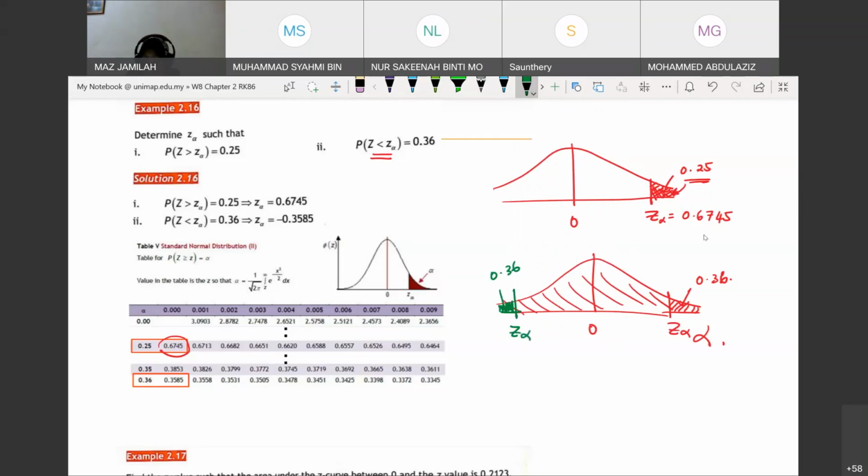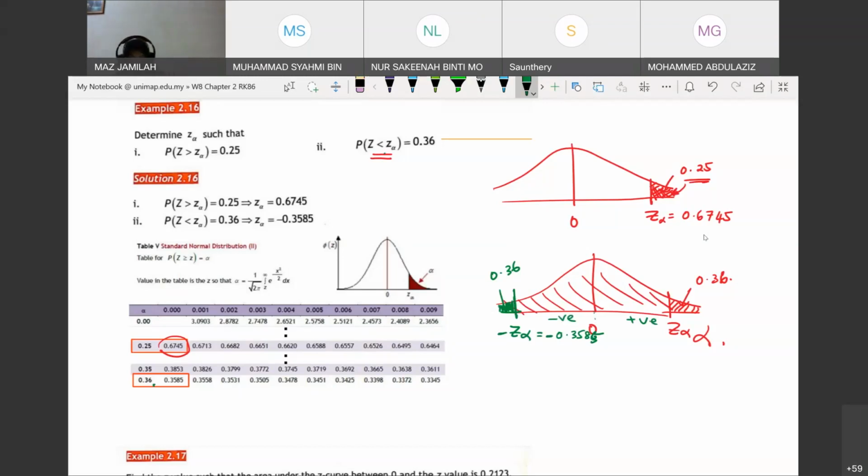For 0.36, we know that the z alpha is 0.3585. Since this z value suits this probability value less than z alpha, this becomes negative, because this is the area of negative values and that is the area of positive values.